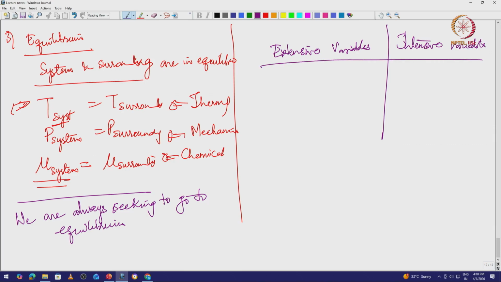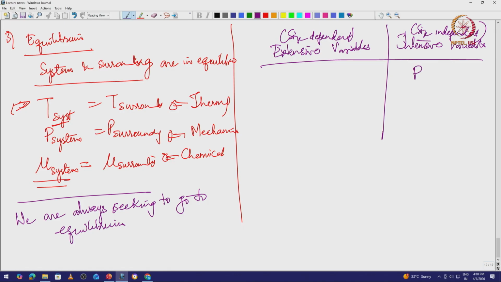Extensive variables and intensive variables: one is size dependent. If the system size increases, the extensive variable, the quantity that describes it, also increases. The intensive variables are size independent. I am going to write it in a certain order.